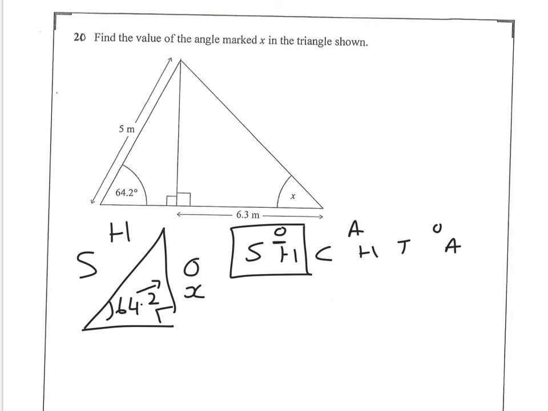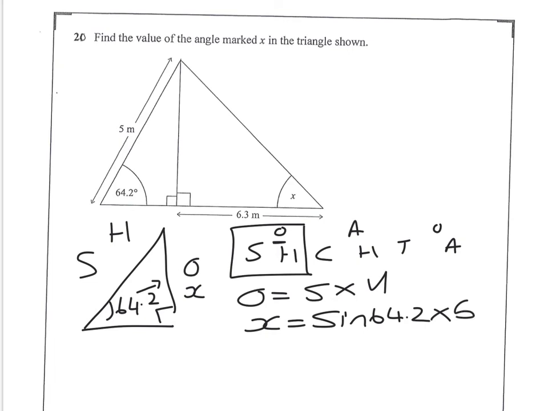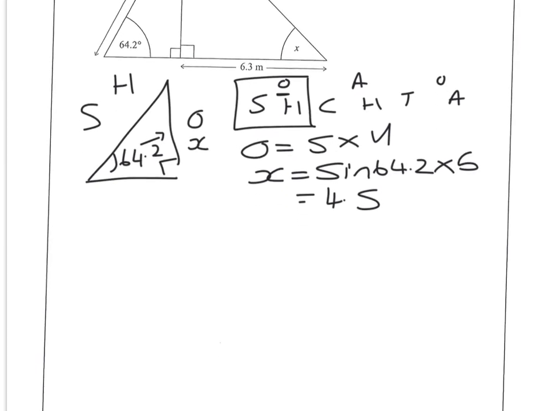So if we cover that up, it leaves us with O is S times H. So we want the sine of 64.2 times 5, which gives us 4.5.